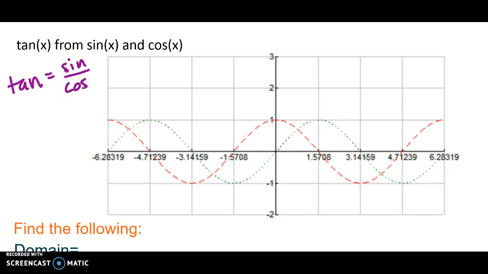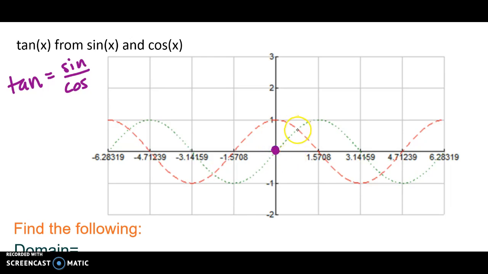Okay, so we're going to go with our main points here. So this is pi over 2, pi, 3 pi over 2, and 2 pi, if we weren't already aware. So at 0 here, okay, remember, what's x and y? Well, if we divided, we would have 0 over 1, which is 0.